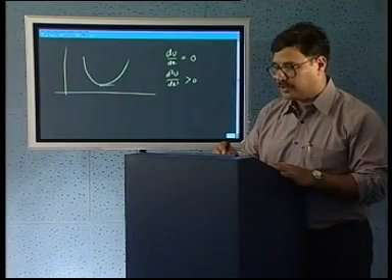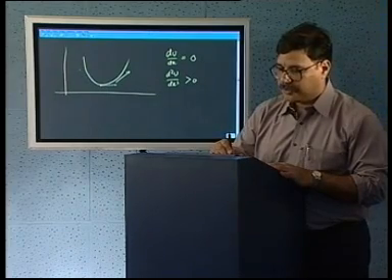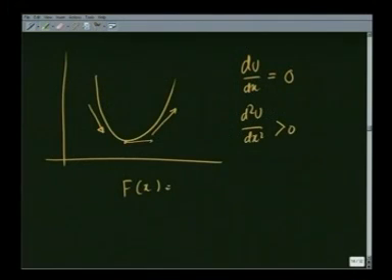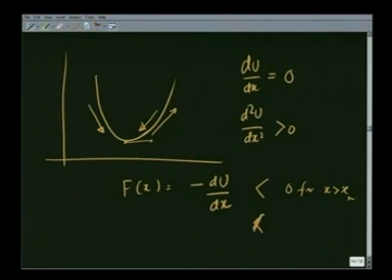Let us look at the minimum, or a minimum. At a minimum, du dx is again 0 and d2u dx square is greater than 0, and therefore, as you go towards the positive x side, slope is positive, on this side slope is negative, and therefore, f x, which is minus du dx, is going to give you a force on this side, which is going to be less than 0 for x greater than x min, and is going to be greater than 0 for x less than x min.